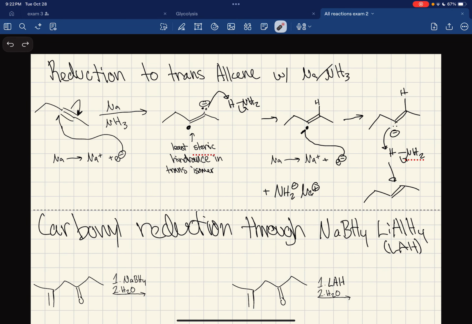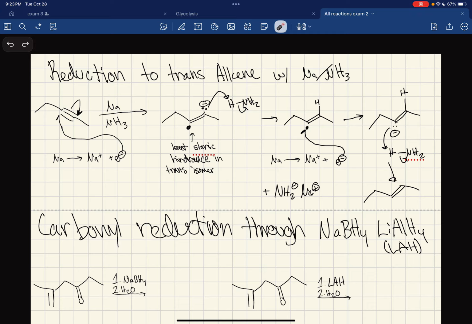All right, reduction to trans-alkene with Na/NH3 from an alkyne. You're going to use the NH3 as a solvent. And this Na is going to dissociate into the cation and the free electron, which will come in and do a radical attack.